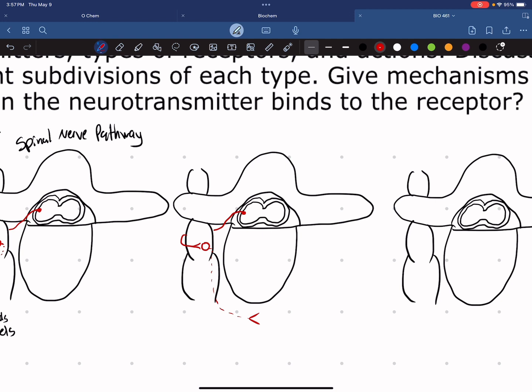And this will then travel to the organs above the diaphragm. More specifically, the heart and the lungs. And this pathway is called the sympathetic nerve pathway.